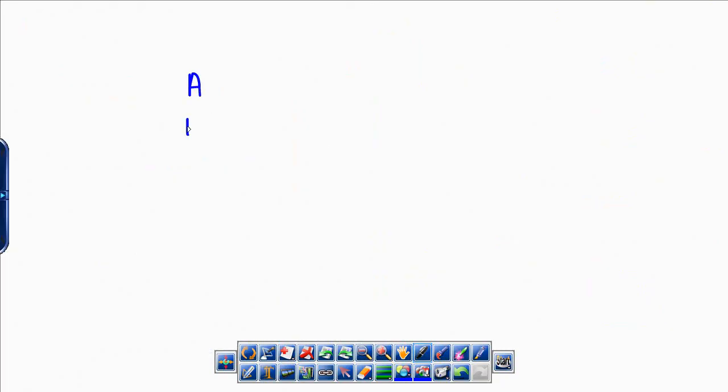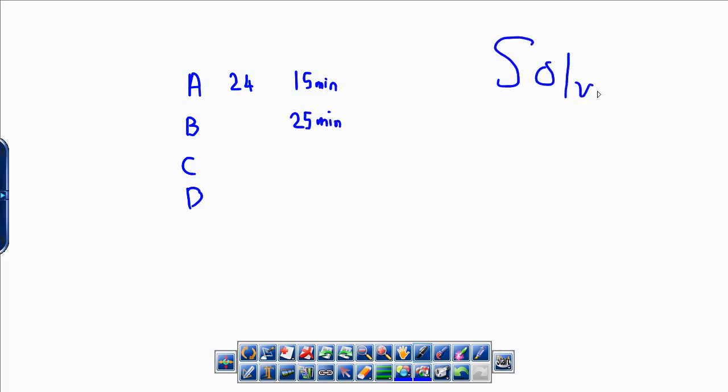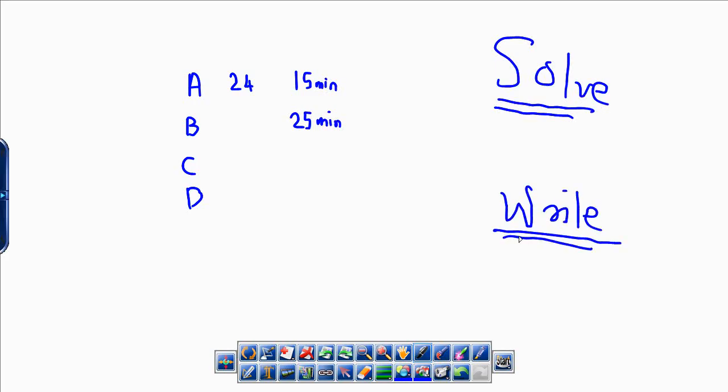So section A, B, C, D. Section A 24 marks, we took 15 minutes. And right now we took 25 minutes. This is the time taken to solve. Time taken to write properly will be more. Therefore, solving and writing are two different things. Keep in mind.